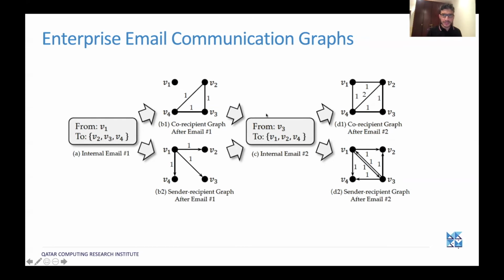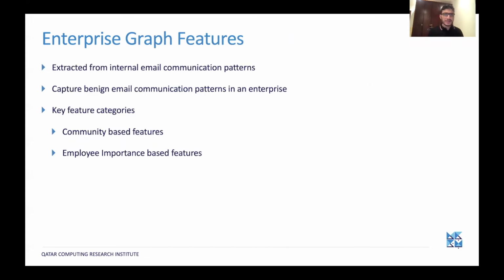We do the same exercise for all the emails in the benign set and build this huge graph that captures the co-recipient relationship and sender-receiver relationships. Based on these two graphs, we extract graph features, and they capture benign communication patterns in the enterprise.